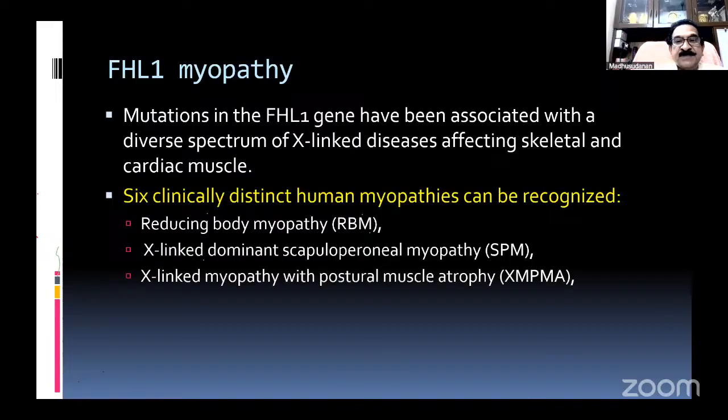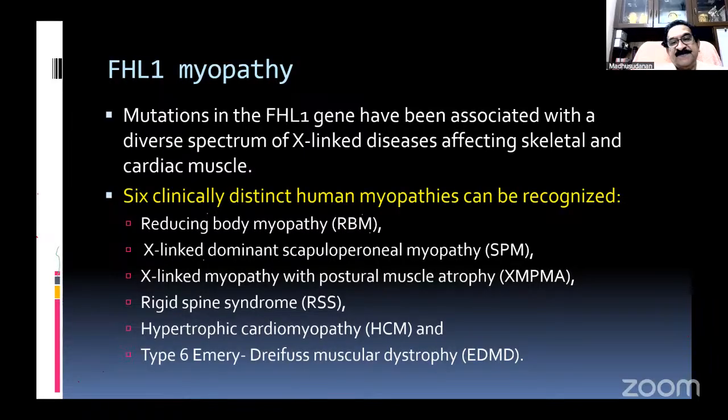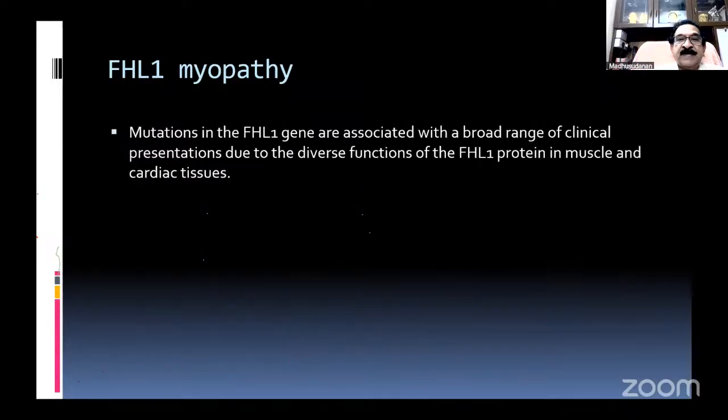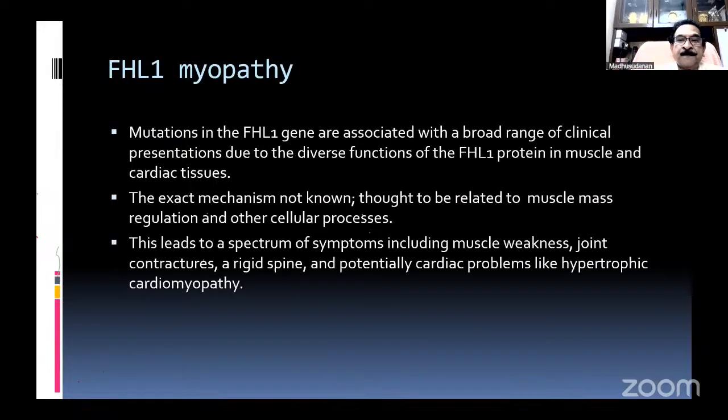X-linked myopathy with postural muscle atrophy, rigid spine syndrome, hypertrophic cardiomyopathy, and type 6 Emery-Dreifuss muscular dystrophy. These come under FHL1 myopathy. There is also a broad range of clinical presentation.